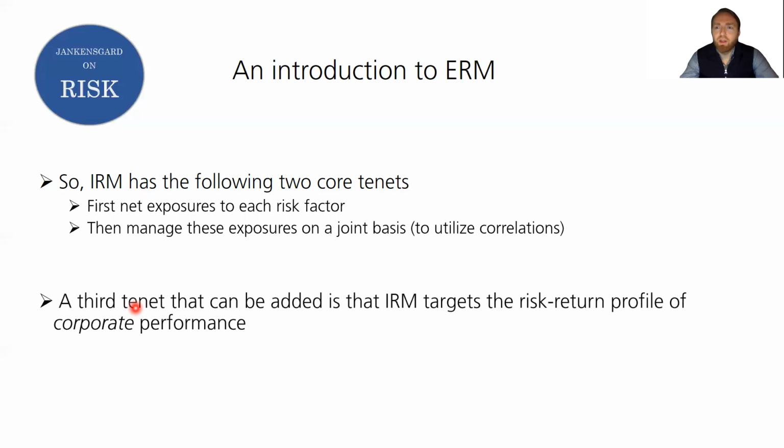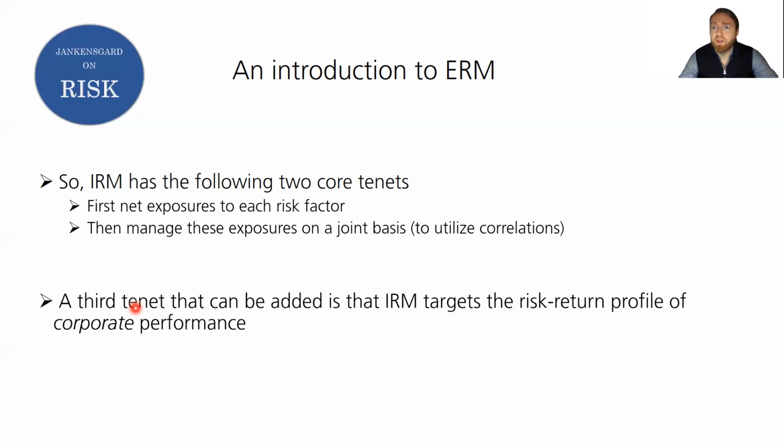I would like to add a third tenet here, which is that in integrated risk management, we're trying to optimize the risk return profile of the firm as a whole. So that again is perfectly consistent with the portfolio of financial assets that we started with, where the idea is to optimize the return of the portfolio for any given level of risk.